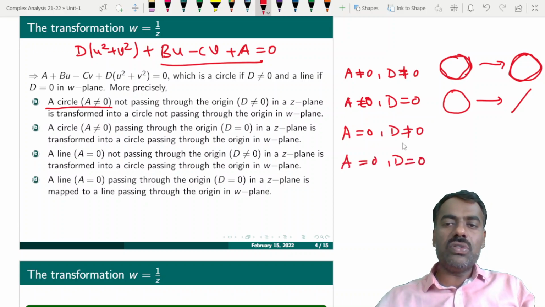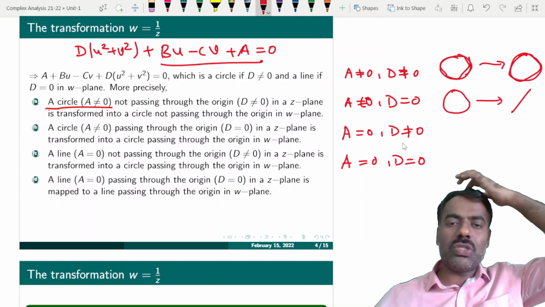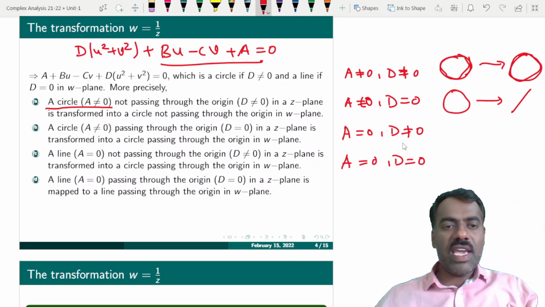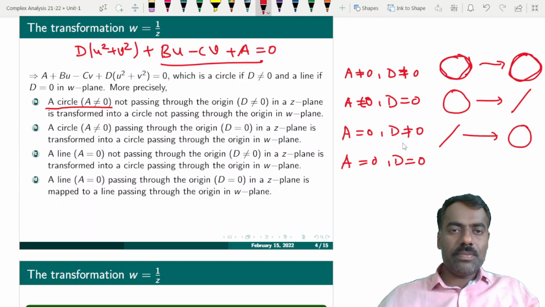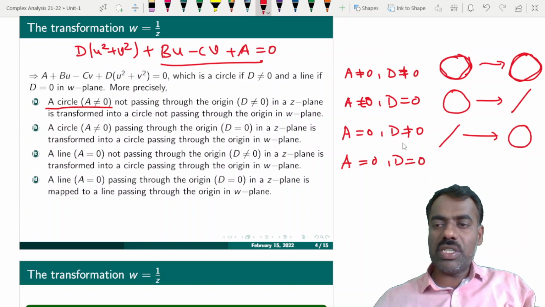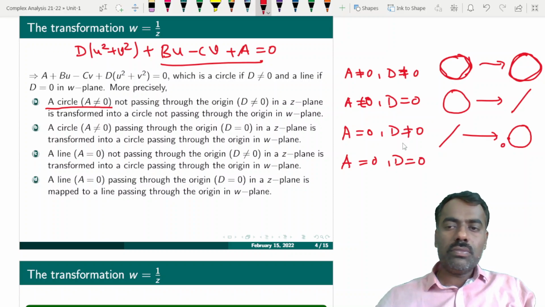If a is equal to 0 and d is not equal to 0, then a is equal to 0 means we have a line. So a line not passing through the origin will map to a circle, but this time this passes through the origin.